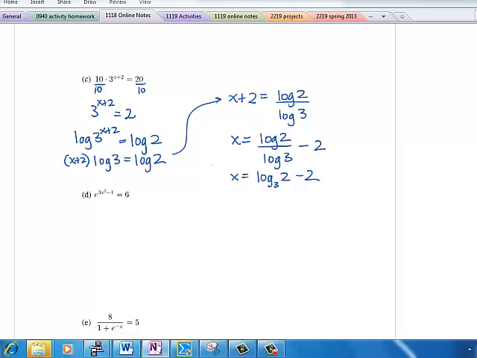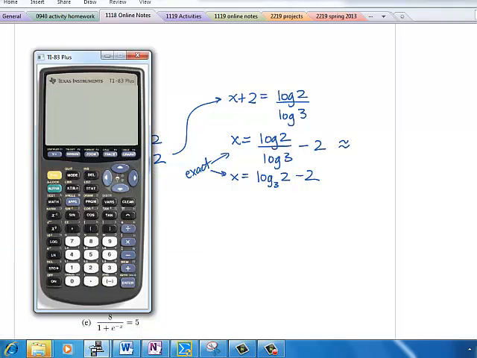So any of these are equivalent, and those are both exact. Either one is fine. And using this one on your calculator, log 2 divided by log 3 minus 2. We get about negative 1.37.